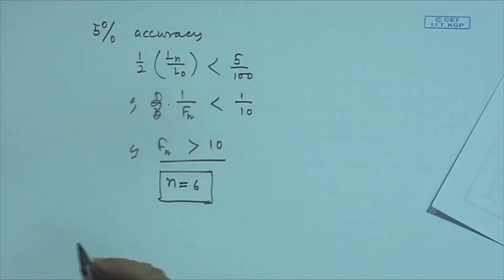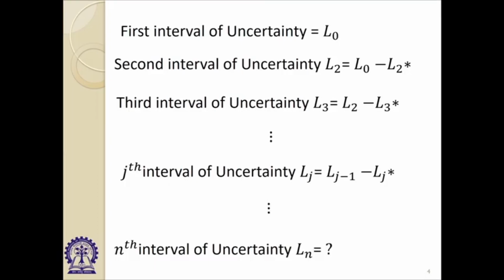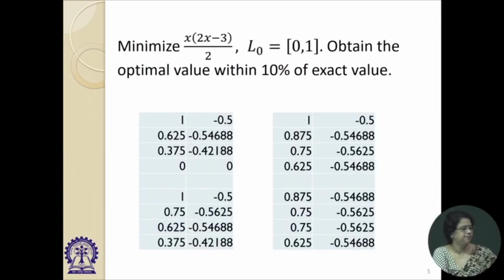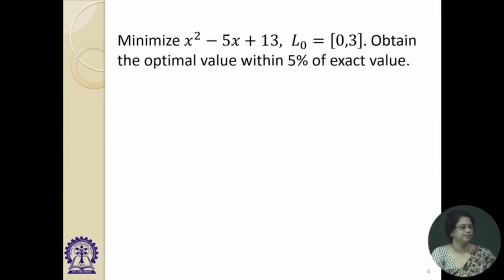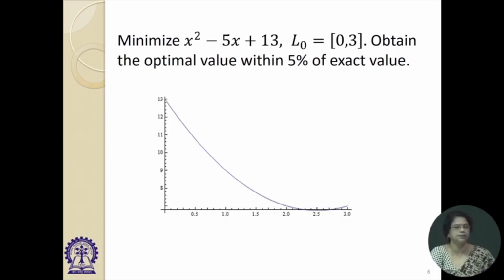Okay. Now, let us take one example for doing these calculations. If I just see the pattern of the function, this is the pattern. What did you see? That function is unimodal between 0 and 3. Where is the mode? It is not much visible from the figure, but I want to have 5% of the exact value.